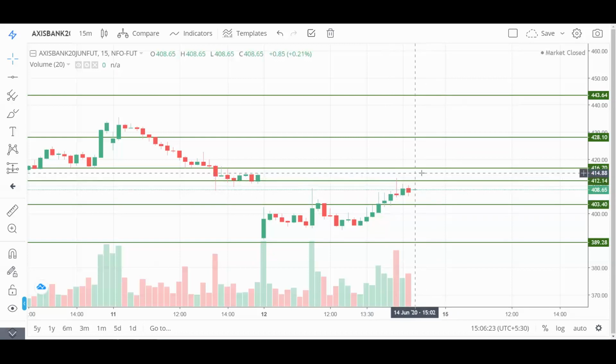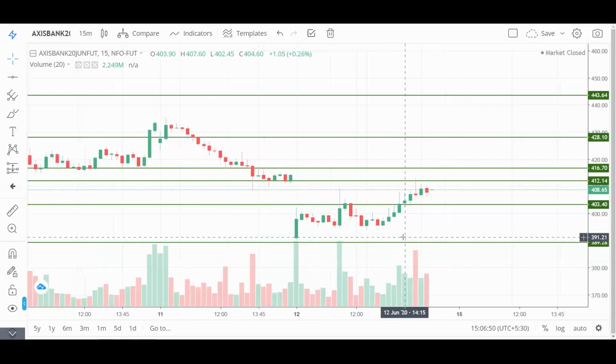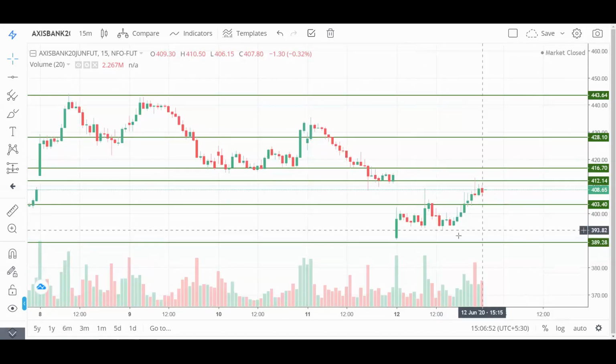So if Axis Bank is able to break above 413, you can buy it around 414, 415, and once it is able to break this level, then the above resistance levels can be made. Same way, if Axis Bank is able to break the 403 level, then it may come down till 380.